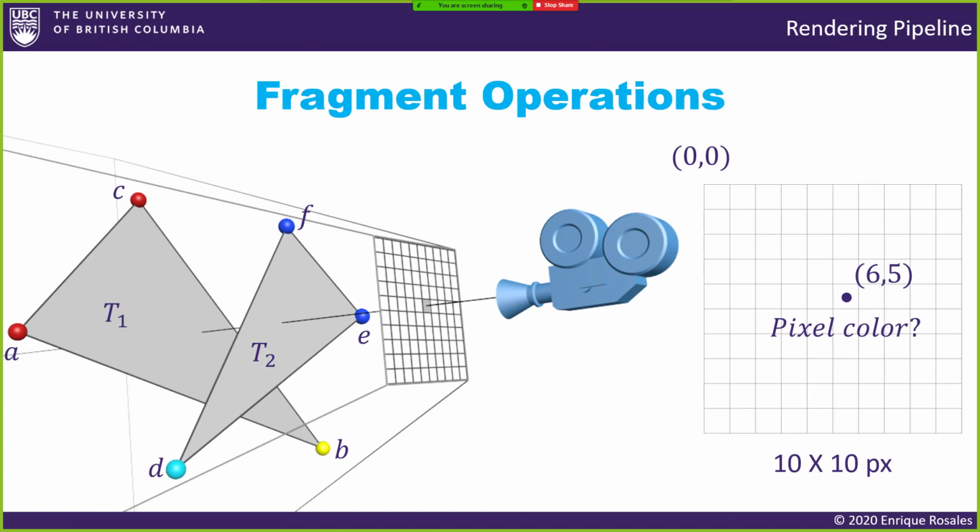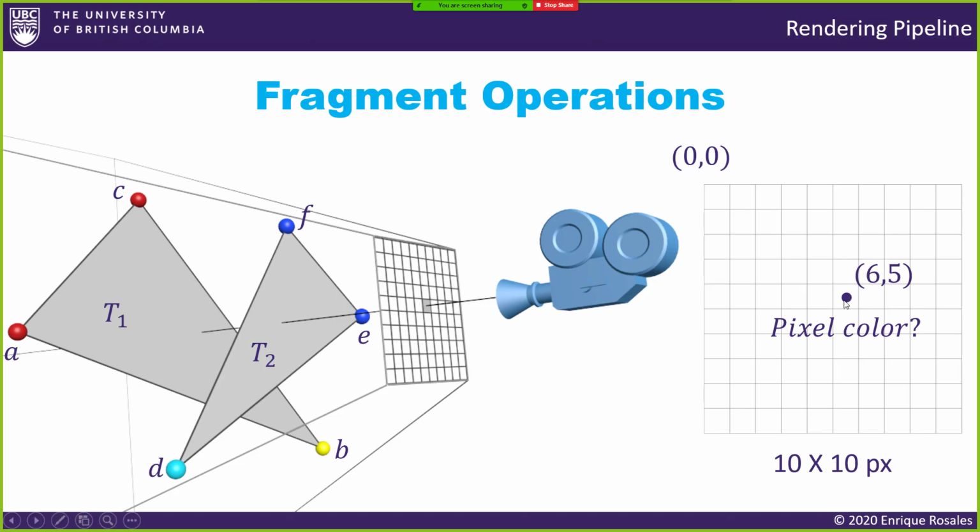So we know that these vertices are transformed to screen coordinates by the vertex shader, by using different transformation matrices. And this is like projecting these triangles onto the screen. So let's assume that we want to paint the pixel at screen coordinates 6, 5, which is this pixel right here.